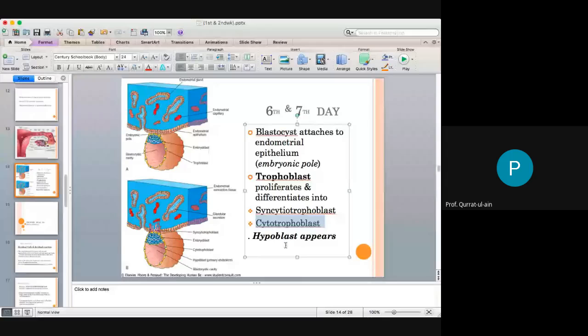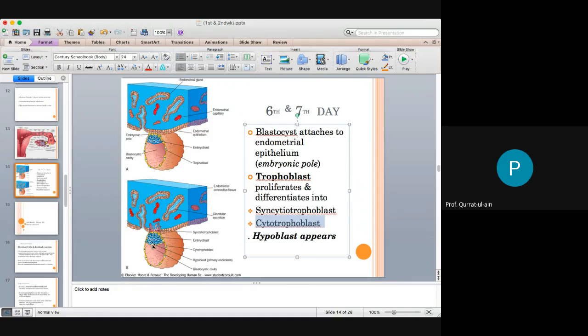So the trophoblast is now in two parts by the seventh day, when it touches and gets attached to the endometrium. The finger-like cells are syncytiotrophoblast, and the rest is the cytotrophoblast. These finger-like cells actually dig in, and they drag the blastocyst inside the endometrium. That is what is required.